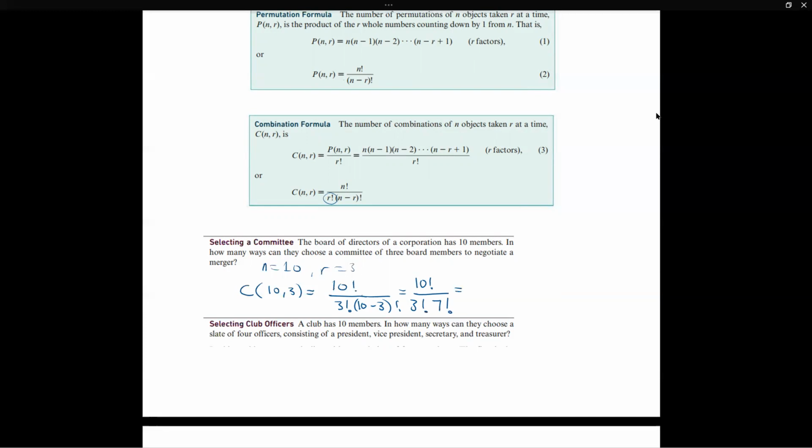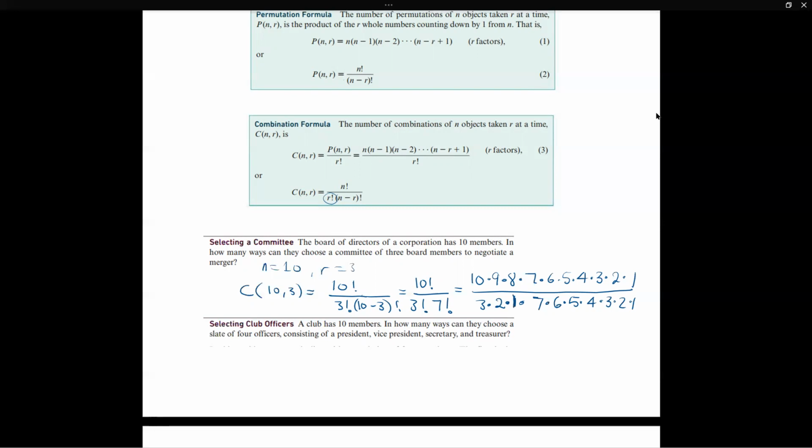If you want to see what 10 factorial means, it's 10 and you decrease by 1: times 9 times 8 times 7 times 6 times 5, 4, 3, 2, 1. 7 factorial, as you see, the bottom one starts here, so we will have the same numbers. Let's write it so you understand how it works. For 3 factorial, it's 3 times 2 times 1.